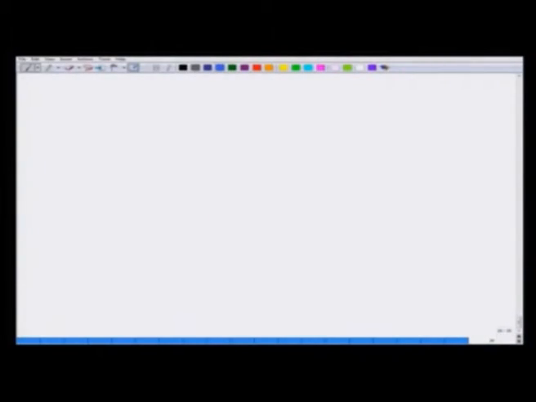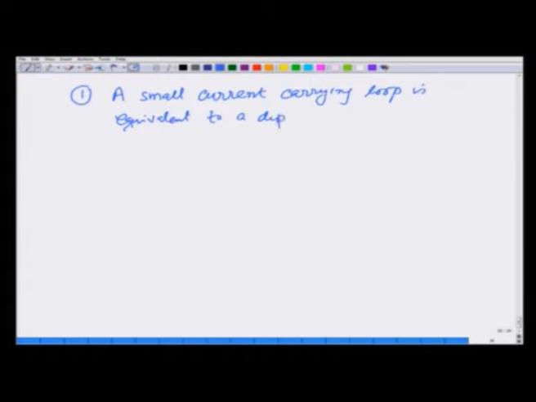Now, using this, we are first going to show that, number 1, a small current carrying loop, I will specify what small is, is equivalent to a magnetic dipole.